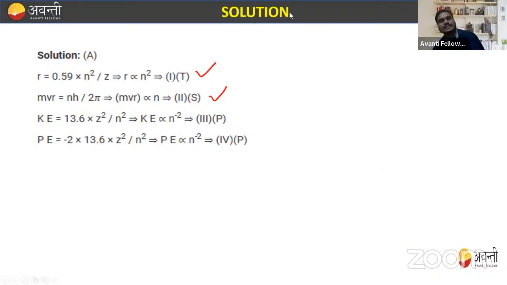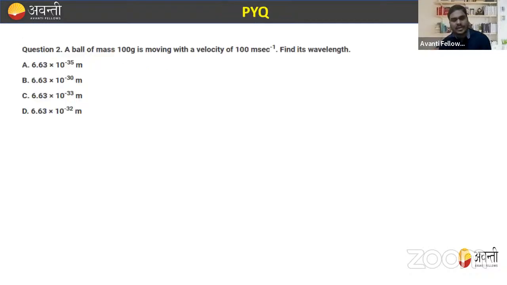Now, let's see the next one. A ball of mass 100 gram is moving with a velocity of 100 meter per second. Find its wavelength. How will you find the wavelength of the ball? We know that a wave is associated with the particle as well.